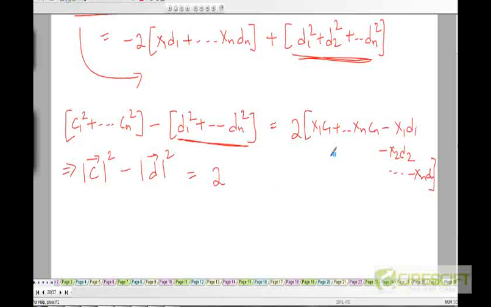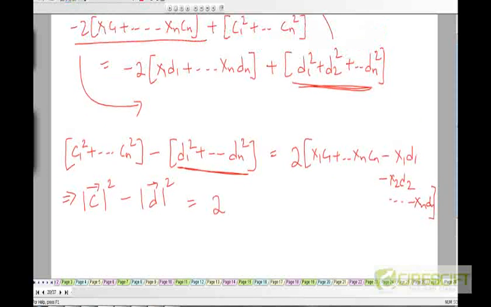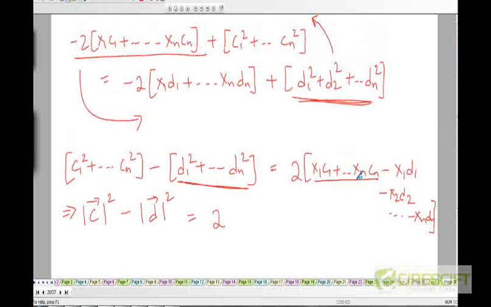So this is twice of x1 c1 and so on till xn cn, which is nothing but the dot product of x with the vector c, right? And likewise this is the dot product of x with d.